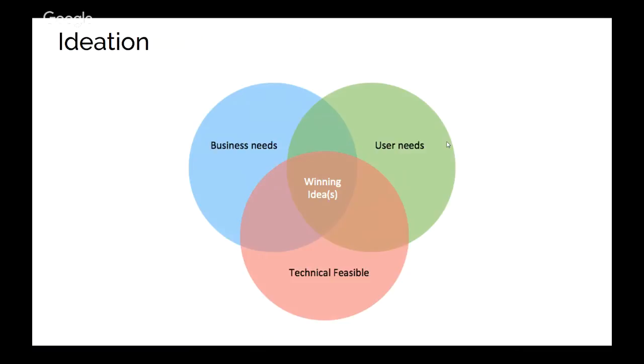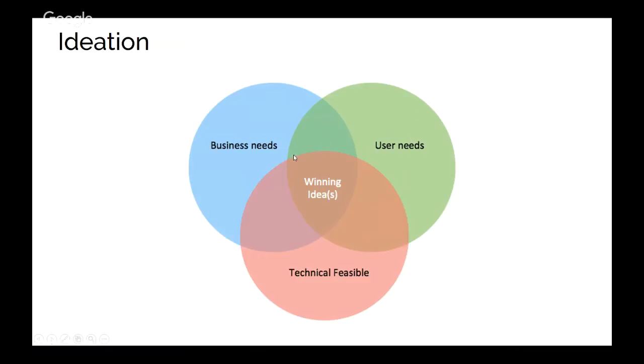Number two, does it fit the user's needs, the people you've identified, people working between One North MRT station or leaving to go to Jurong East MRT?